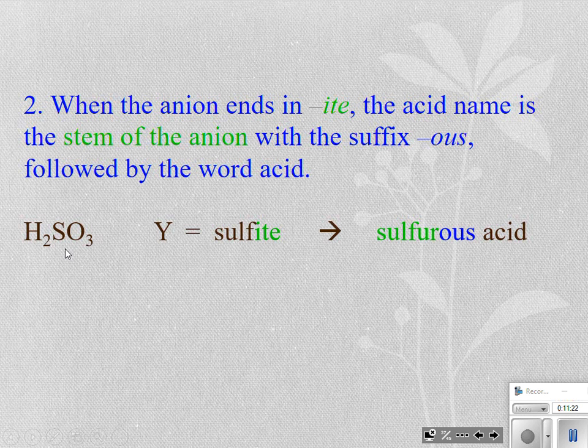It is a 2 negative charge, and the name of the anion is sulfite. I see the ITE ending, so I know that this is rule number 2. I need to add the suffix OUS. So when I come up with my name, it is sulfurous acid.